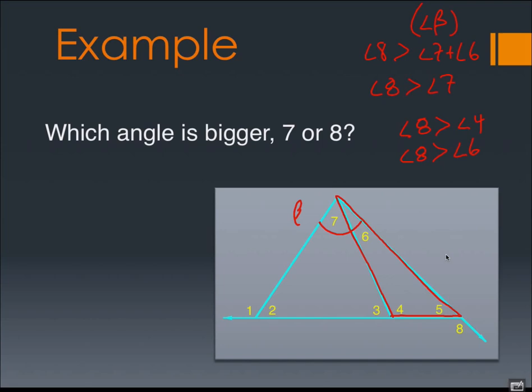Now, changing colors here, if we look at this triangle, I know that angle 4 is greater than angle 7, and angle 4 is greater than angle 2. How do these four statements allow me to get to there?